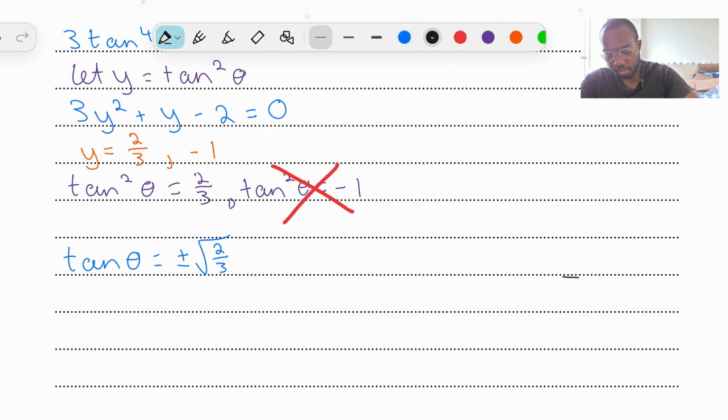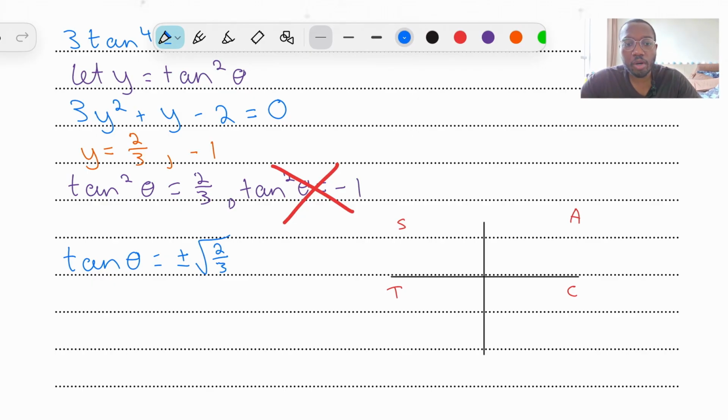If I draw my CAST diagram here, okay. With our CAST diagram, as you can see, our tan theta will have positive and negative values, which means that we're going to be in every single quadrant, okay?